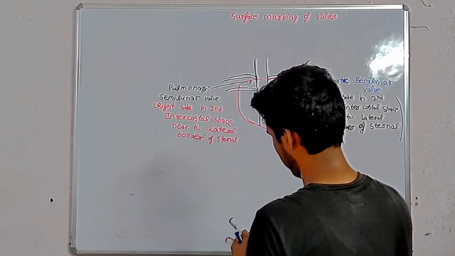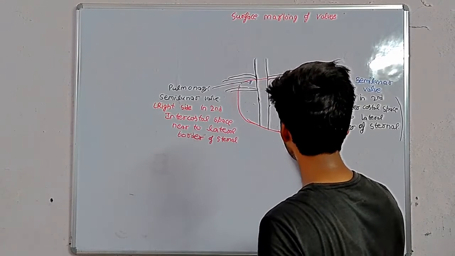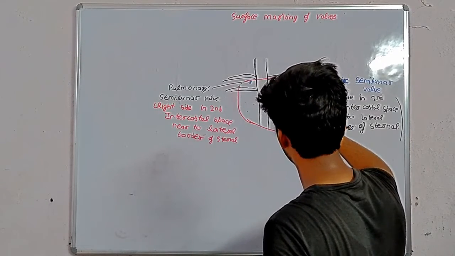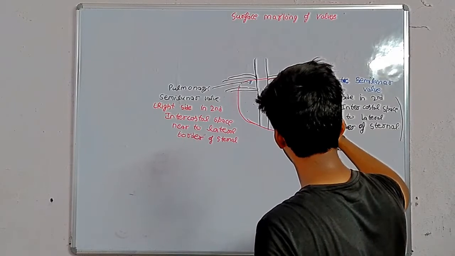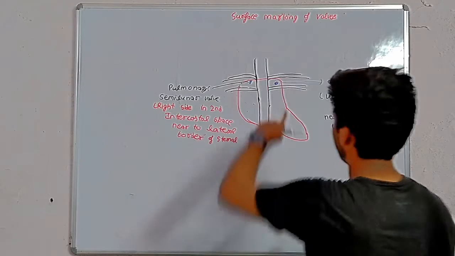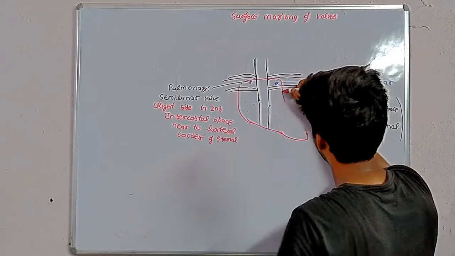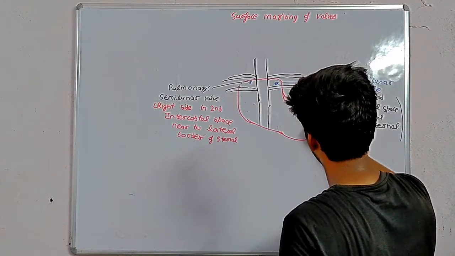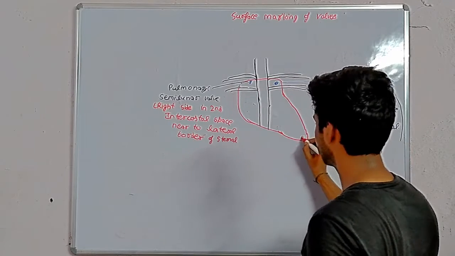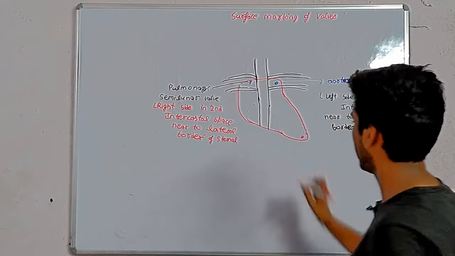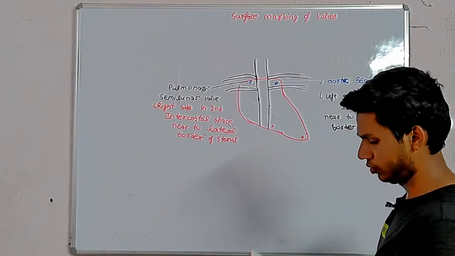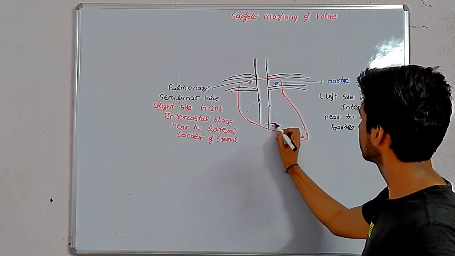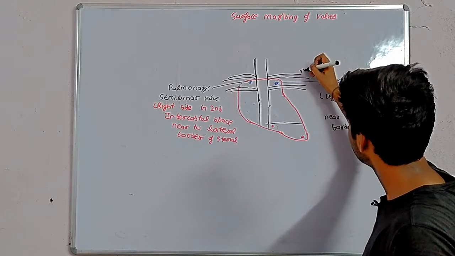So there are two more sounds also produced. We know this is the apex of the heart. First we draw the first rib, the second rib, the fifth rib, and the sixth rib.